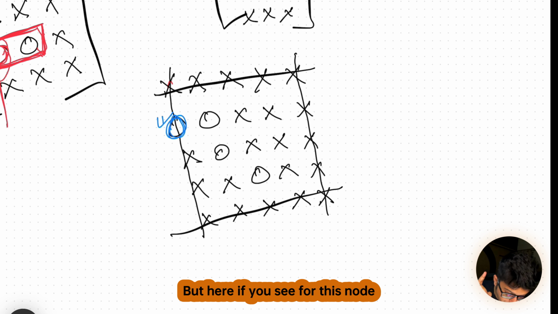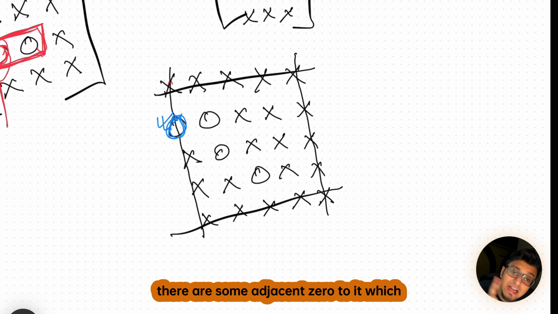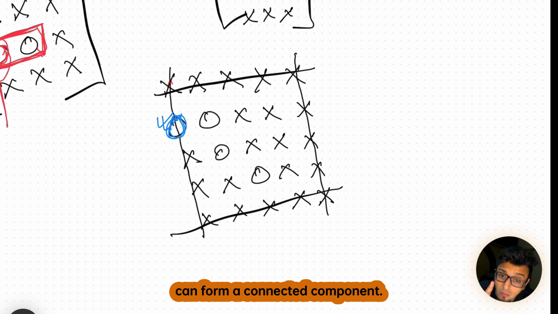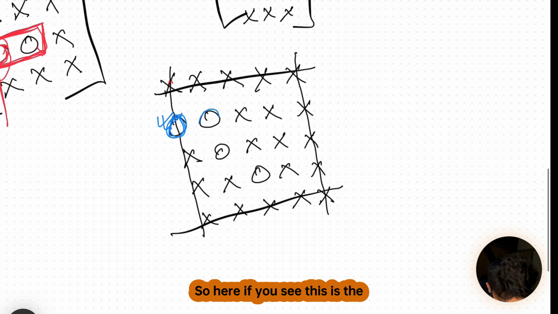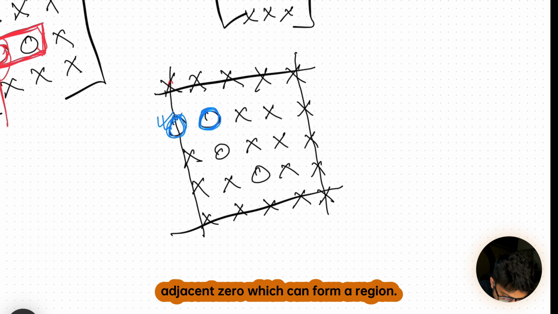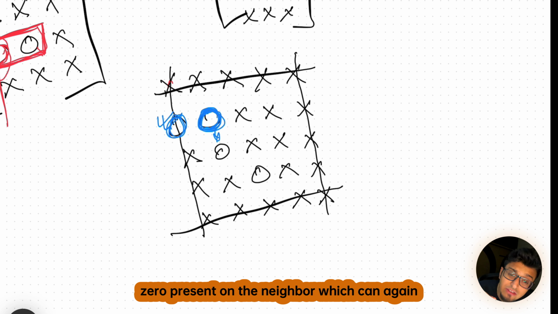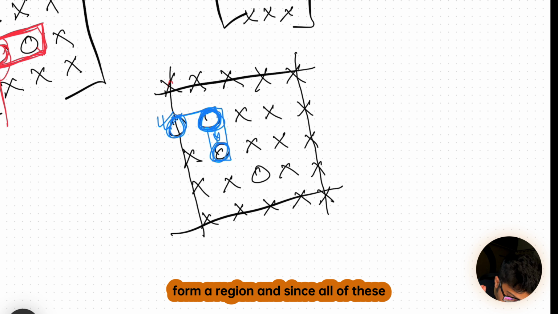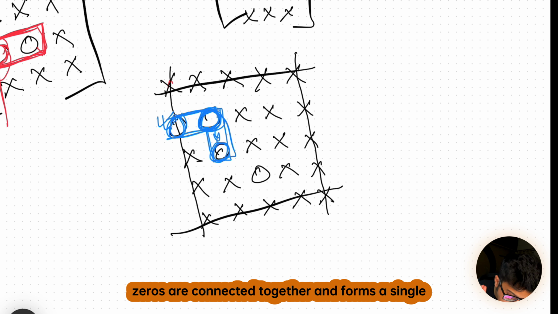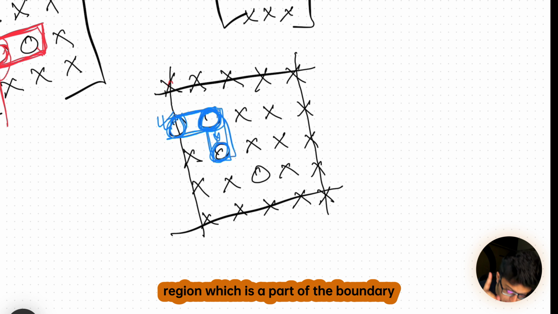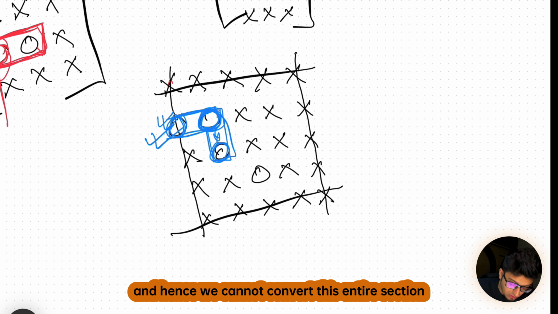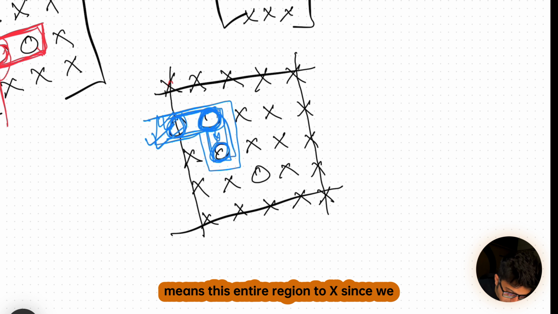But here if you see, for this node, there are some adjacent zeros to it which can form a connected component. So here, this is the adjacent zero which can form a region. Similarly, for this zero also, there is another zero present on the neighbor which can again form a region. And since all of these zeros are connected together and form a single region which is a part of the boundary, we cannot convert this entire region to x.